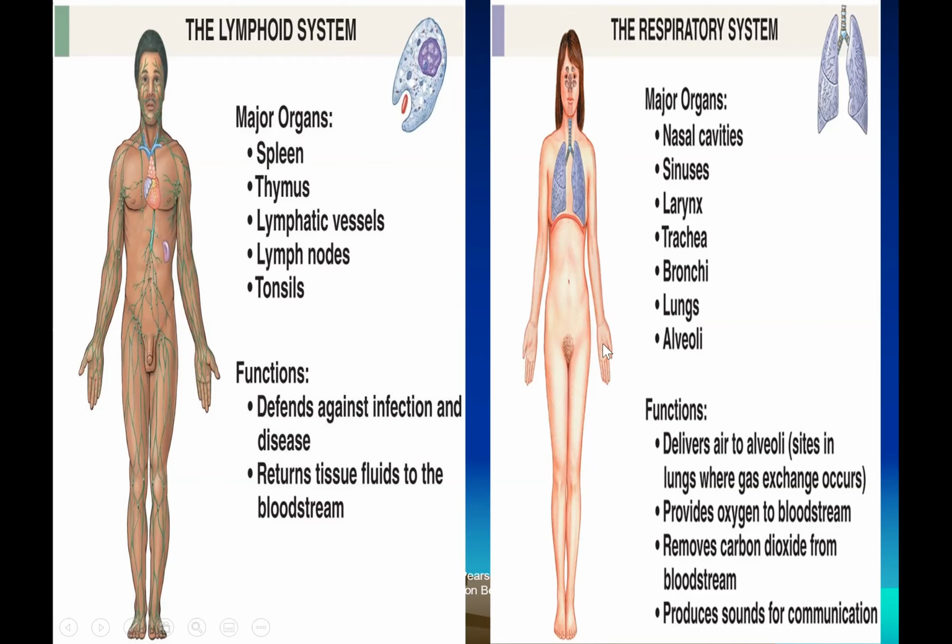So it's providing oxygen to the cells of your body, and it gets rid of the carbon dioxide. And since the voice, larynx is also included in the respiratory system, it plays a huge role in providing phonation, that is sound for communication.